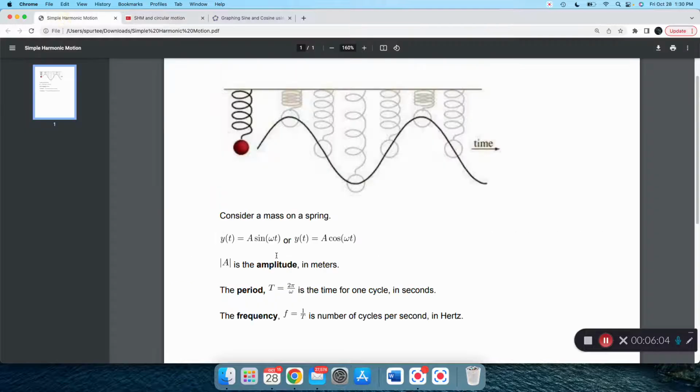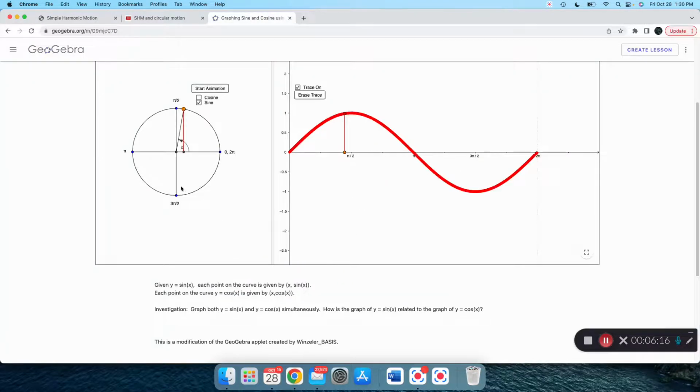So in this formula there, omega is called the angular speed. It's measured in radians per second. It's measuring how quickly we're going around the circle here. How many radians per second are we traveling around this circle at? That's a good place to stop.